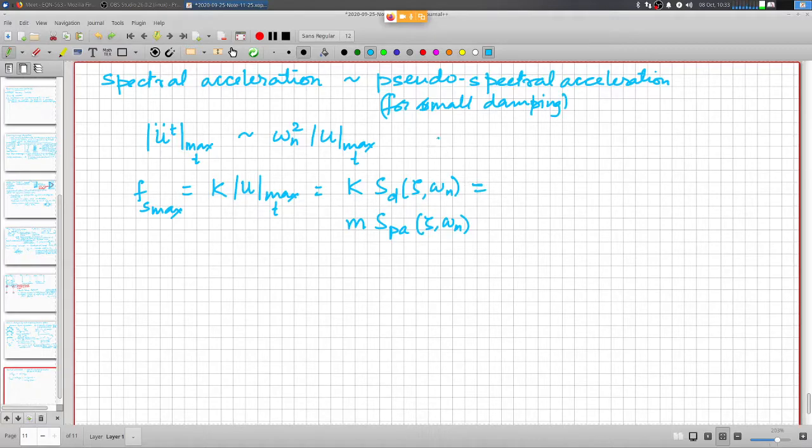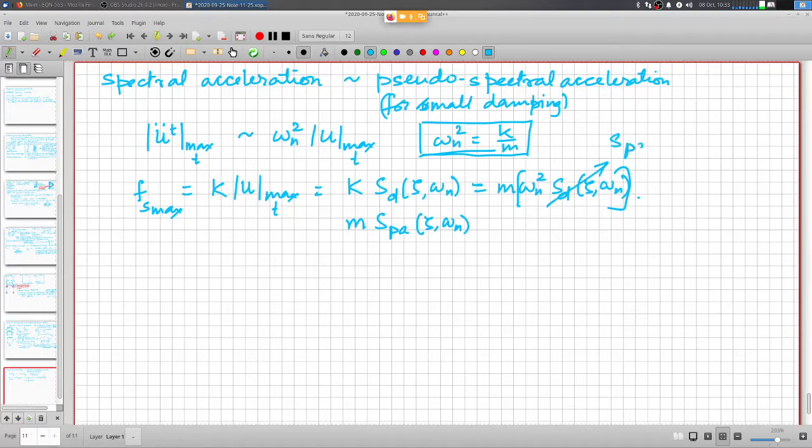What is omega n? It's the ratio of K by M, isn't it? Stiffness divided by the mass of the system. So I can replace this K by omega n squared M, so I have M omega n squared SD at zeta, omega n, and this quantity is what I call pseudospectral acceleration.